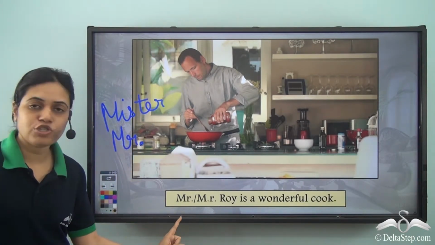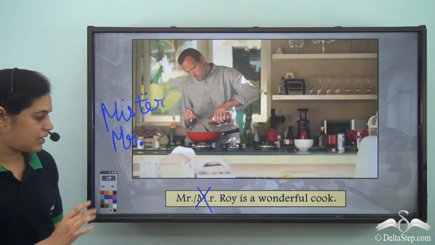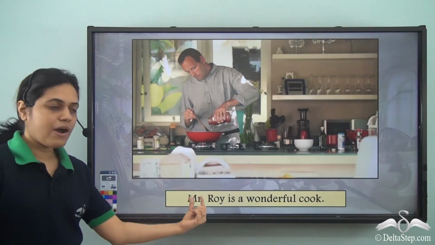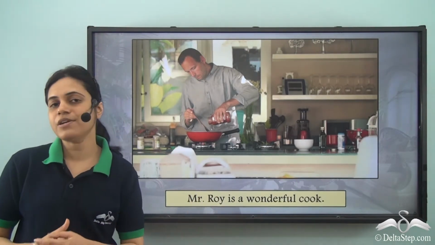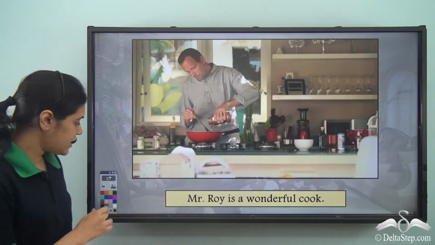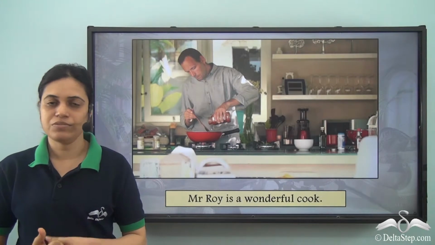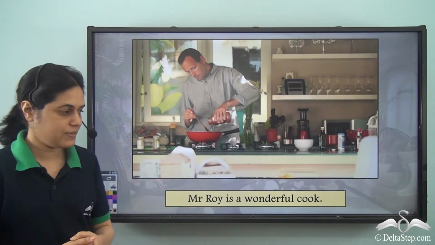So I use a full stop after R. So this is incorrect. The correct is Mr. Roy is a wonderful cook. Once again, I can choose not to write a full stop after Mr. Both are correct.